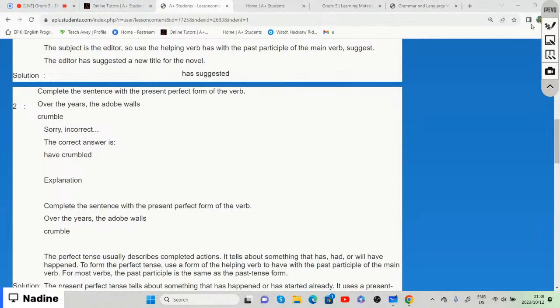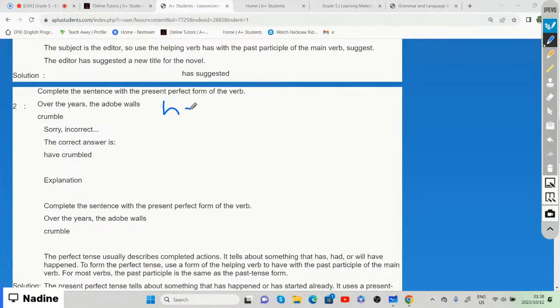So if we look at the correct words, we can then say, over the years, the adobe walls have crumbled.